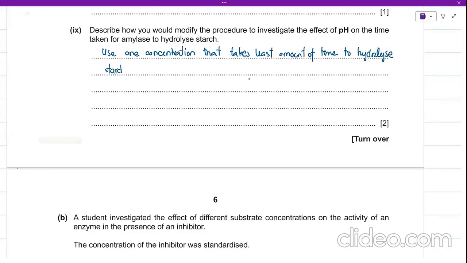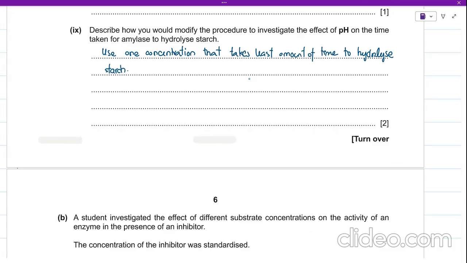Most of you will be wondering why we are using the concentration that takes the least amount of time. What we are doing is finding the optimum concentration. The optimum concentration is the one which takes the least amount of time to hydrolyze, or to show the color change.